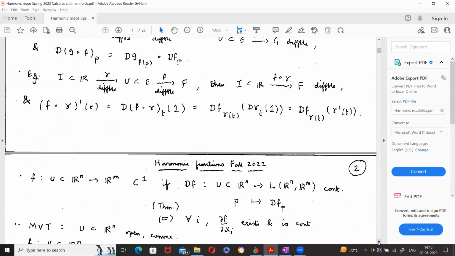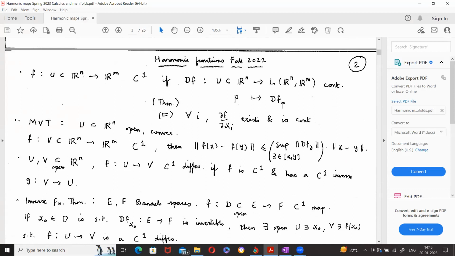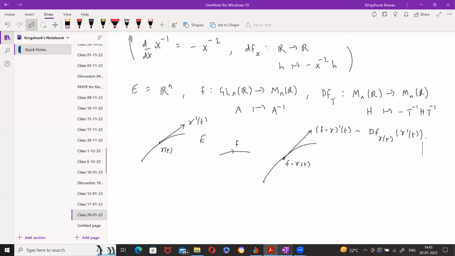Now, let me define what is a C1 map. I've defined it for a map from Rn to Rm, but we can define this actually for maps between non-linear spaces.